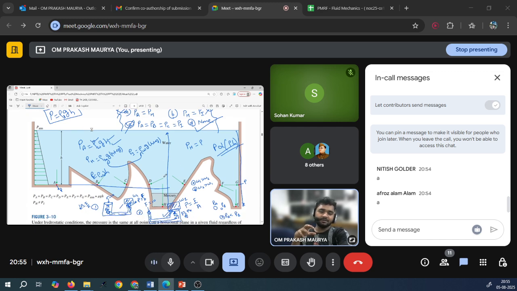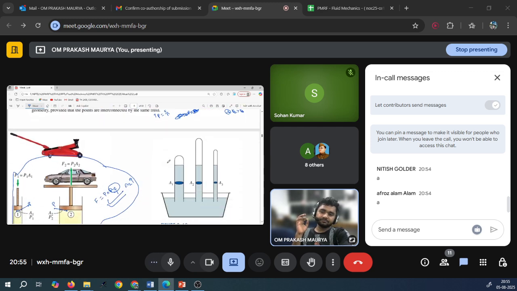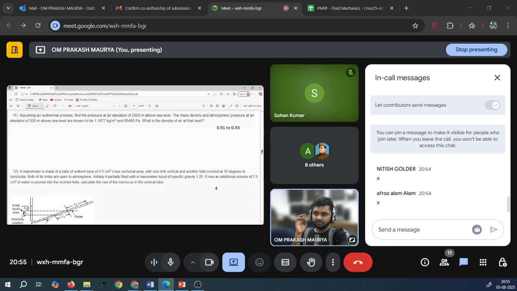So similarly, think about what I was discussing: if the water level is at a height, how your pressure depends on height and the density of fluid. So a similar thing is given. Just try to think on that and write your answer.